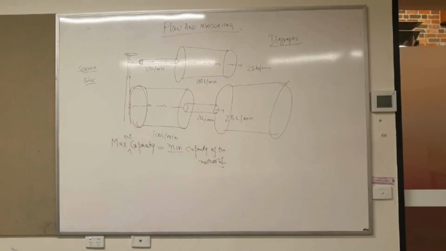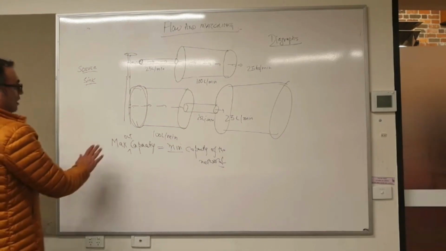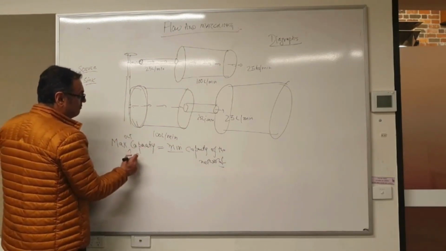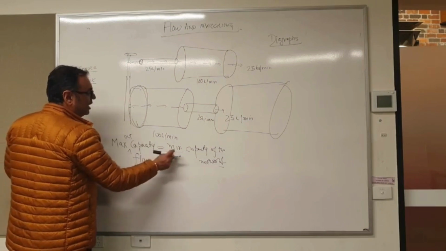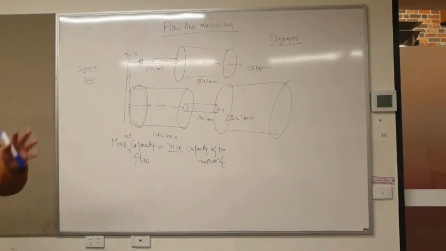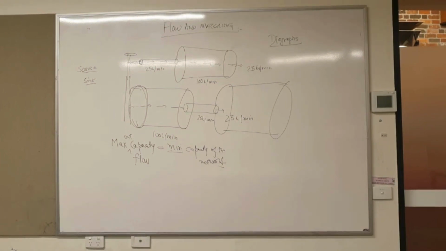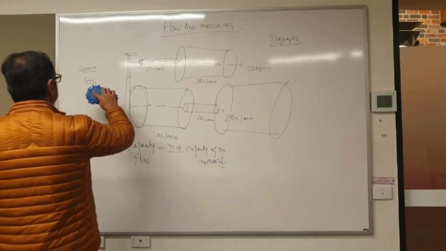With me so far? All right, let's do a question and that'll make more sense. So again, the maximum flow equals the minimum capacity. That's the ground rule. Right? Let's do a question and try to implement that in real life.